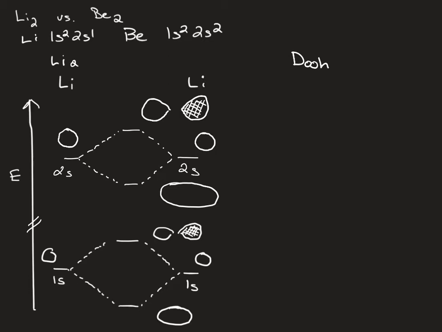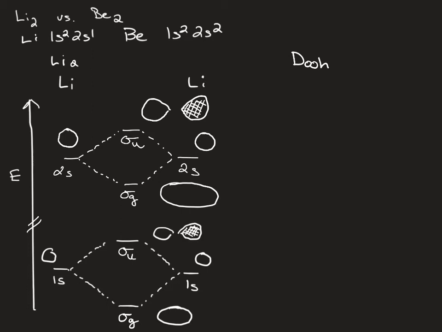Because of this, this lowest energy bonding orbital is going to have a sigma g label. The one that's anti-bonding will have a sigma u label. The bonding from the 2s will have a sigma g, and the anti-bonding will have a sigma u.